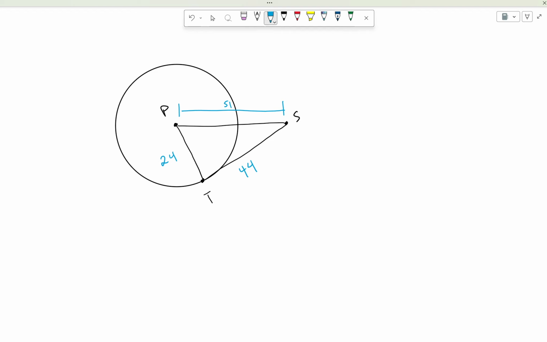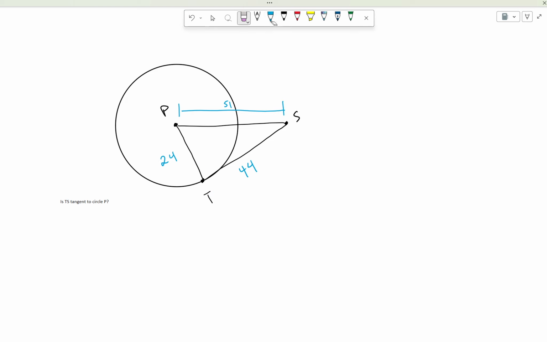Now you can't ask me if 51 is referring to just this part. Well, no, it would have to be the same as that, which would be 24. So PS is 51. The question is: is TS tangent to circle P? Now, if it were tangent, what type of angle would this be?